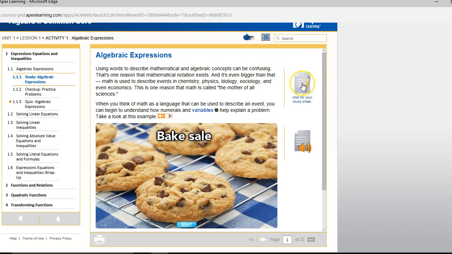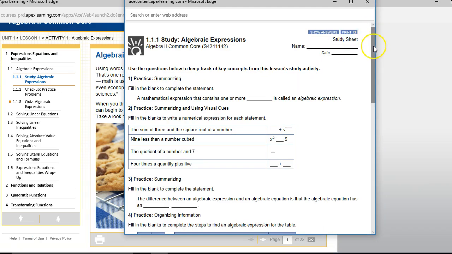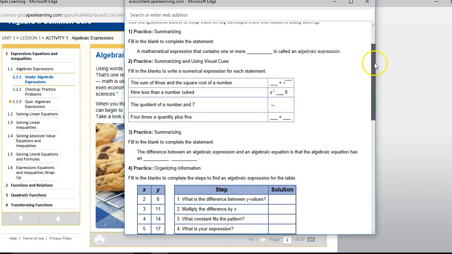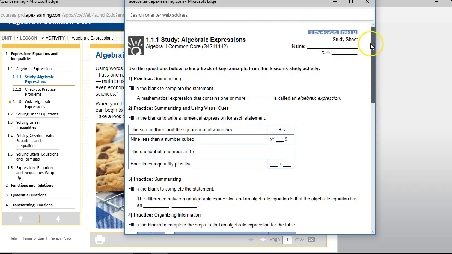Before you start your study, you're going to want to print out your study sheet. The study sheet is scaffolded notes for you, so that you don't have to pick out what is important to take notes on. It's already been provided for you.